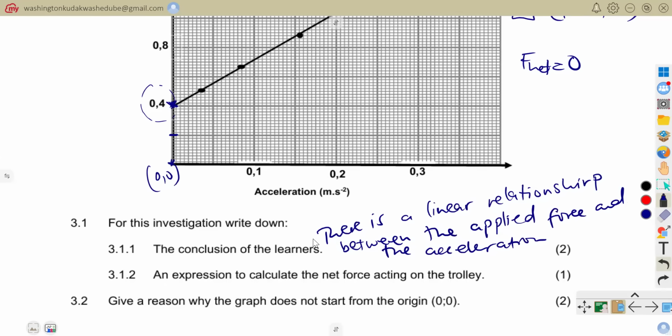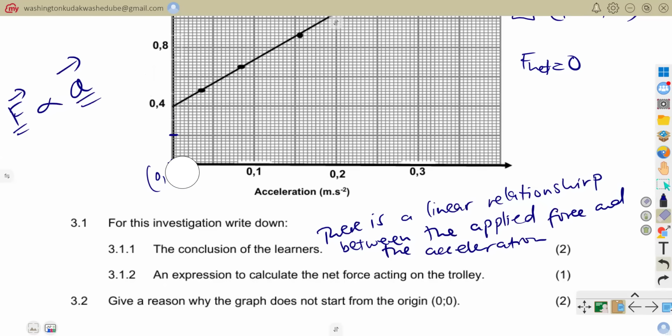Because the investigation was how does the acceleration vary, or how does the force applied vary with acceleration. So we have seen that the acceleration is directly proportional to the force applied. And then they're saying, for this investigation, write down an expression to calculate the net force acting on the troll.